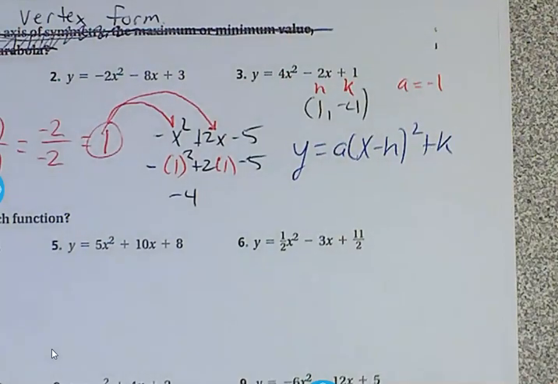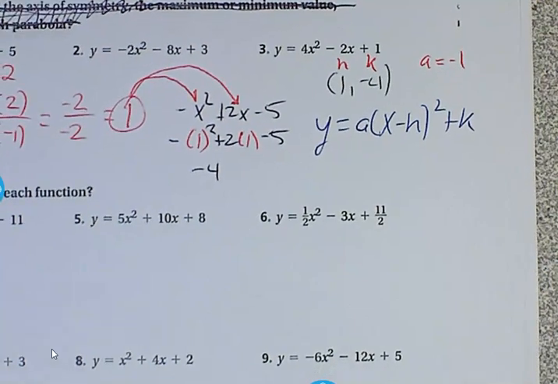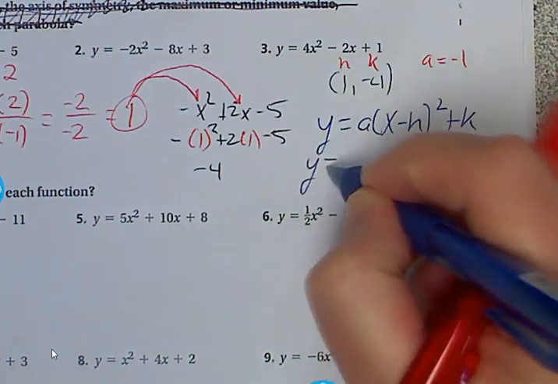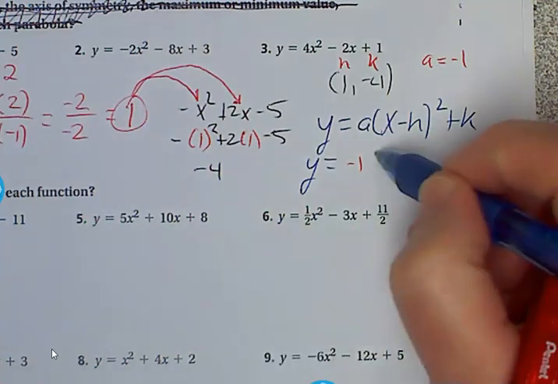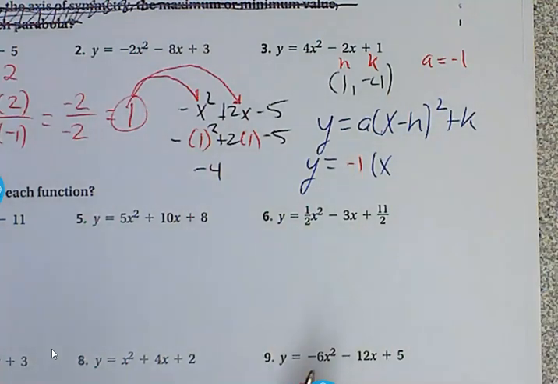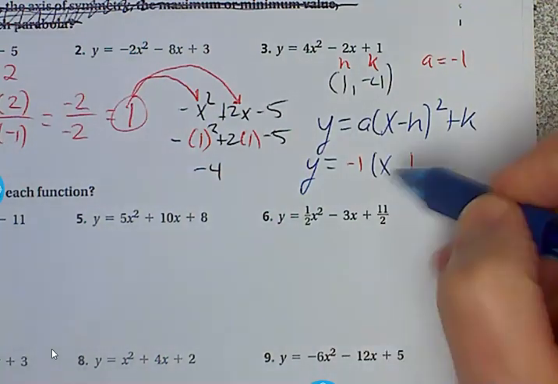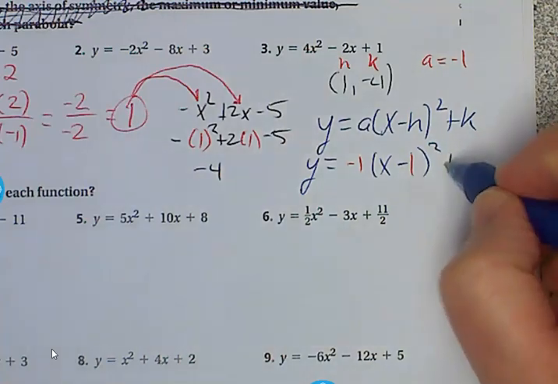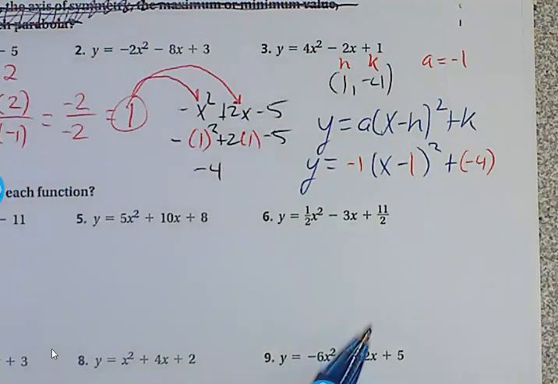Okay, so all we have to do then is plug these numbers in, and when you plug it in, you've got to clean it up maybe just a little bit. Sometimes, sometimes not. So we got y is equal to negative 1 times x minus h, which is 1, squared, plus negative 4.